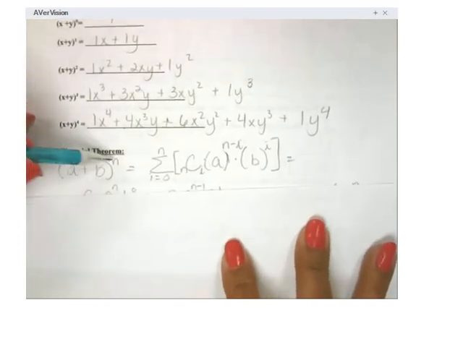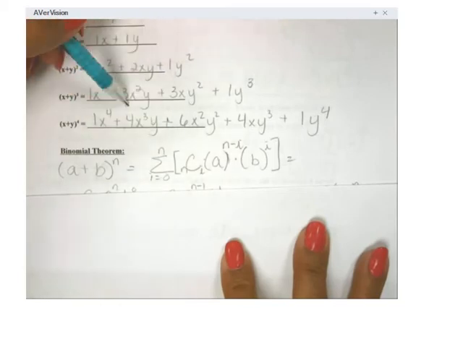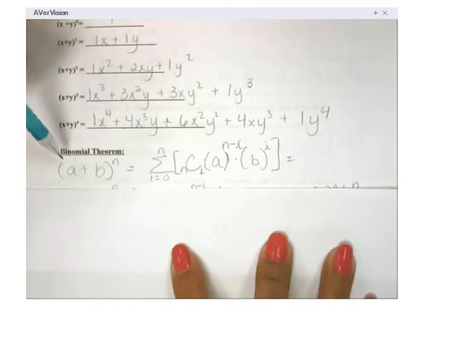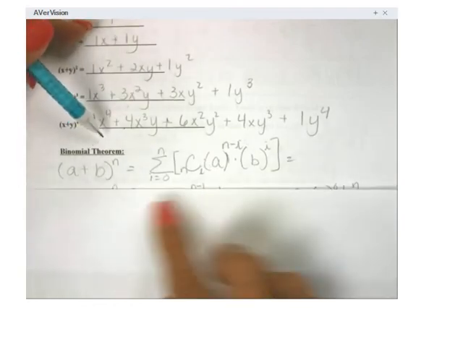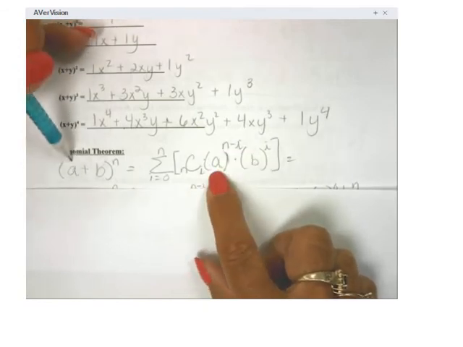And here is the generalization of the formula. The generalization of the formula says if you want to take a plus b and raise it to the nth power, I could have used x and y, but I have it as a plus b, there are going to be three values in each individual term that help manufacture our binomial expansion.